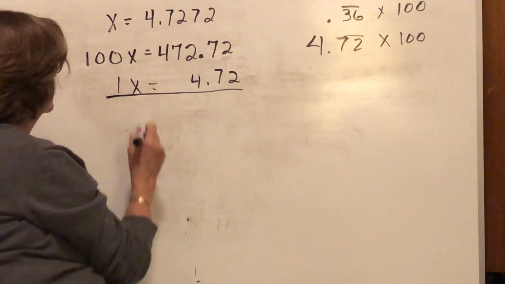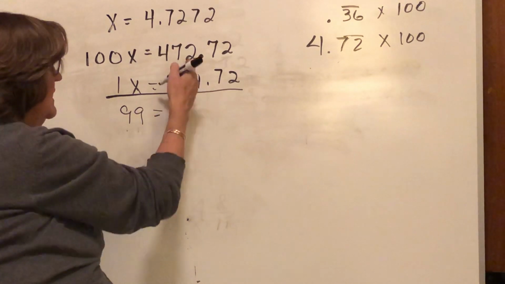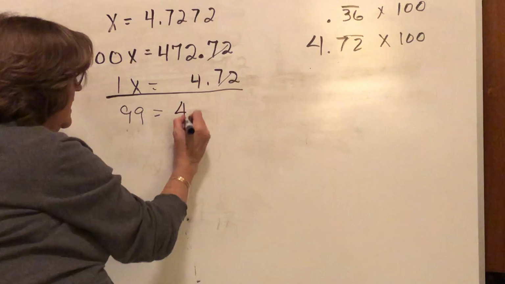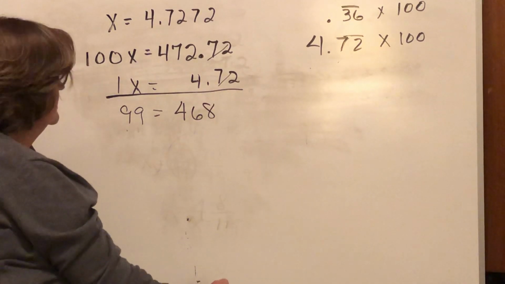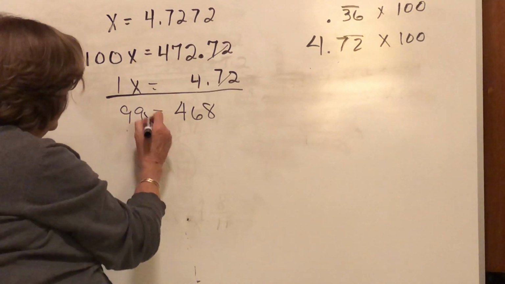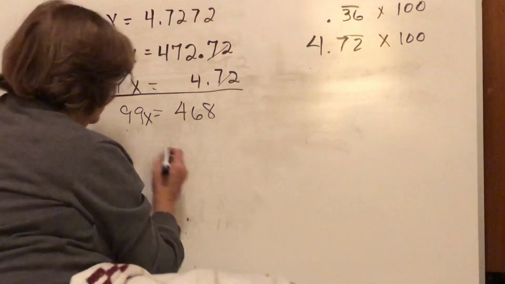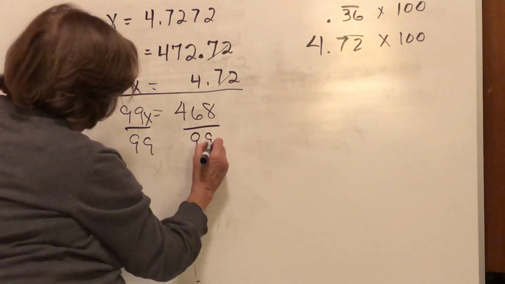All right, so over here we have 99x is equal to, and this is obviously gone, so this is going to be 468. Okay? So now what I have is a division problem. I'm simply dividing to get rid of that 99.